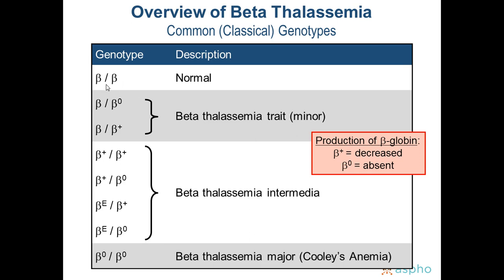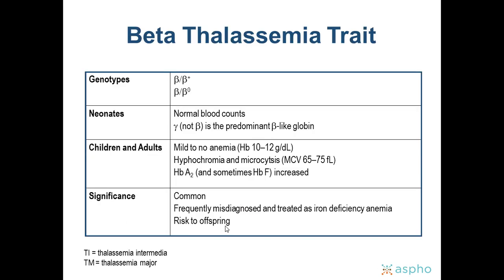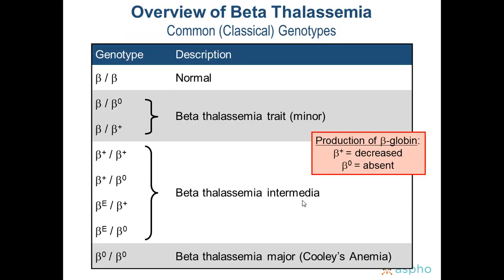So normal, beta beta. The thalassemia trait or thalassemia minor is just the heterozygous state for either the null or the beta plus. Compound homozygosity for beta null mutations, that's beta thalassemia major or Cooley's anemia. If you get 2 severe beta plus mutations or a beta 0 and a severe beta plus mutation, you can also get a clinical phenotype of beta thalassemia major.